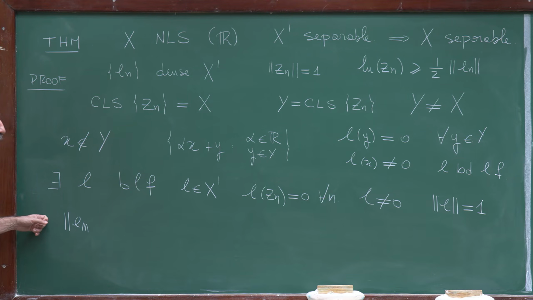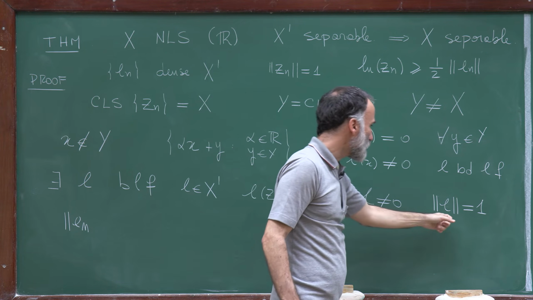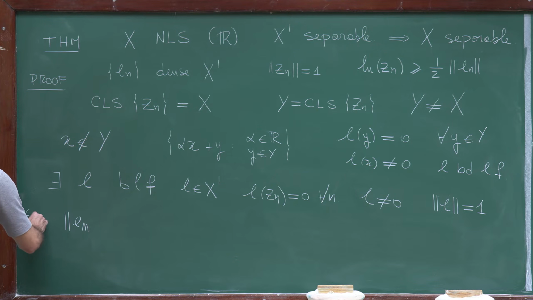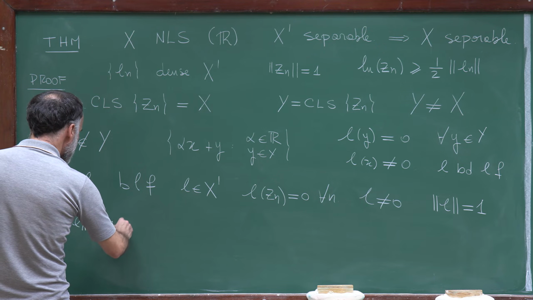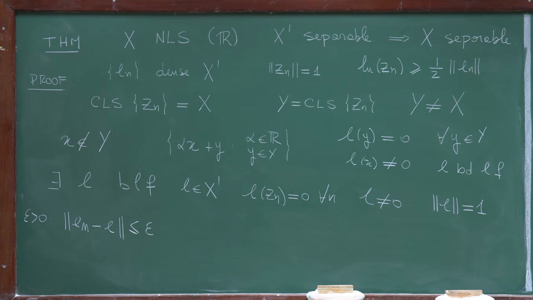The lower bound will be obtained for the linear functional which approximates L. So fix an epsilon positive. Since this family is dense, you know that there exists an n such that the norm of Ln minus L is bounded by epsilon. This comes from the density of this family Ln.